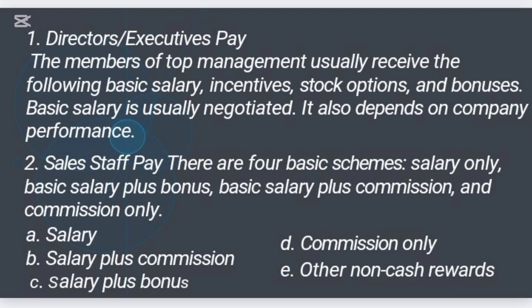B. Salary plus commission. This is a combination of basic salary and commissions computed as a percentage of the sales volume. C. Salary plus bonus. This is a combination of basic salary and bonus which is given when a salesperson exceeds a particular sales quota or some other sales objectives.